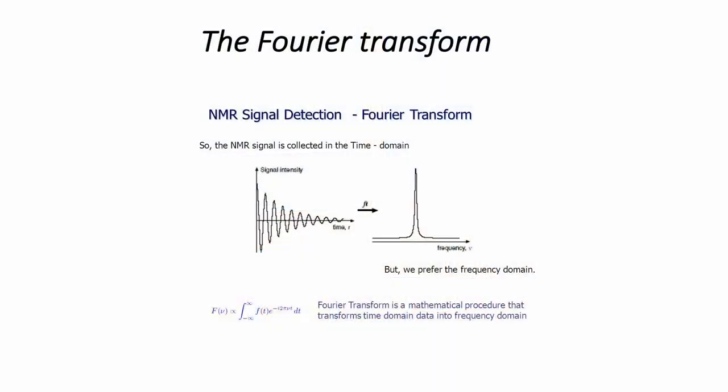And so that is done using a Fourier transform. A Fourier transform takes something that is in the time domain and transforms it to the frequency domain. A long time ago, before the advent of computers, NMR wasn't done using Fourier transforms because it was computationally too difficult.